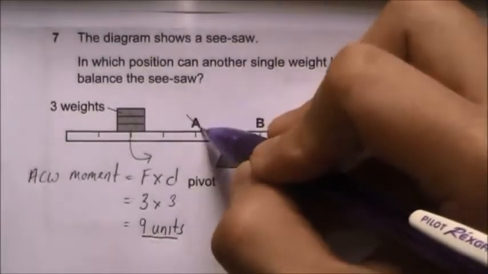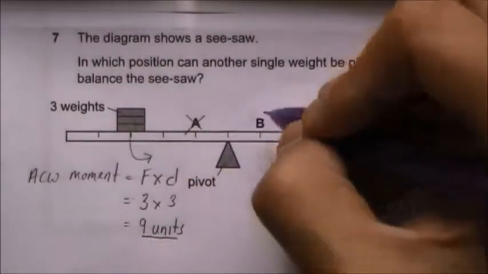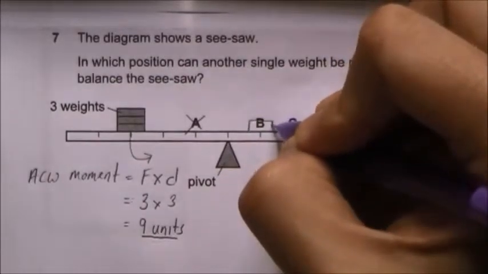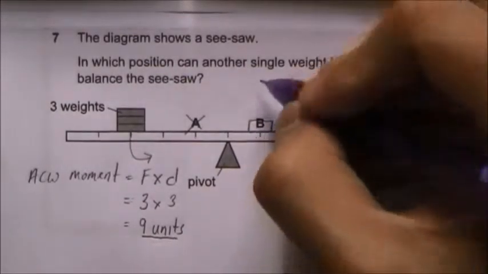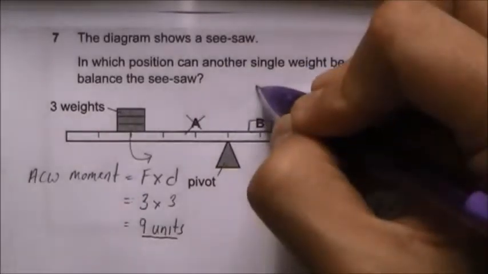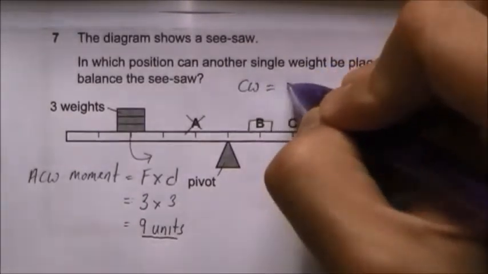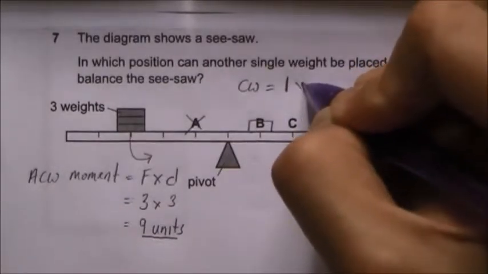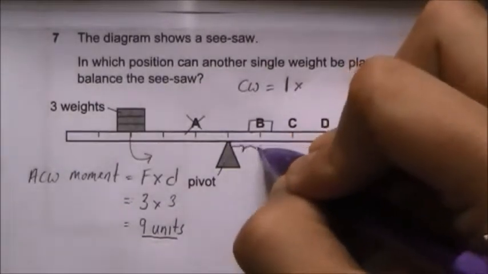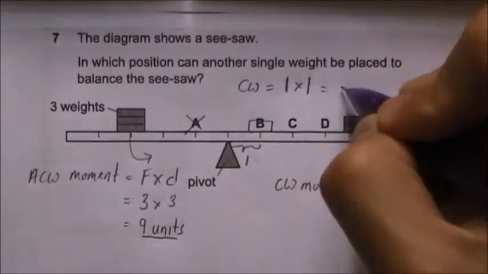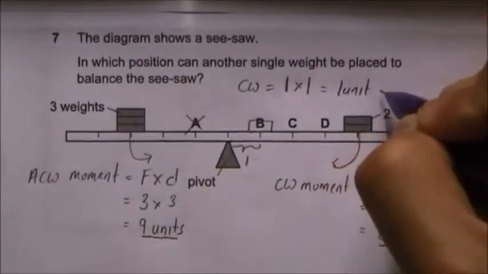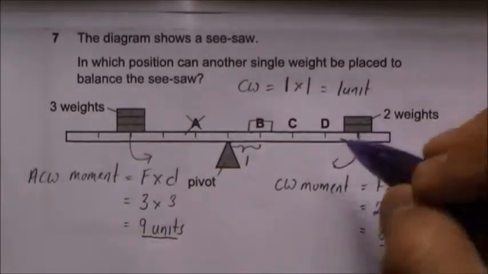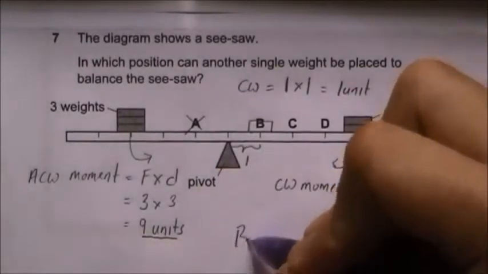So definitely option A is out, and it has to be placed on the position B, because the weight is a single unit. So the clockwise moment is equal to a force of 1 unit, and we have to multiply by a distance of also 1 unit in order to get 1 unit of clockwise moment. And with this, we can balance the seesaw. So the answer is B.